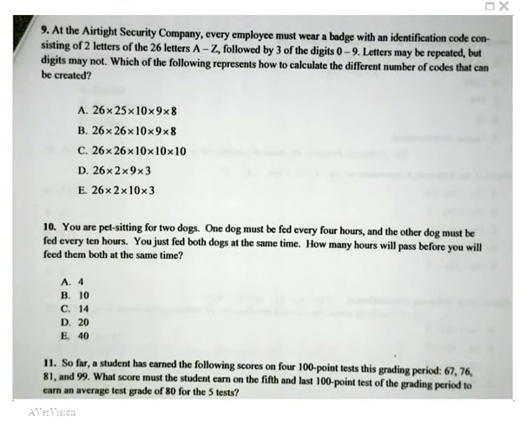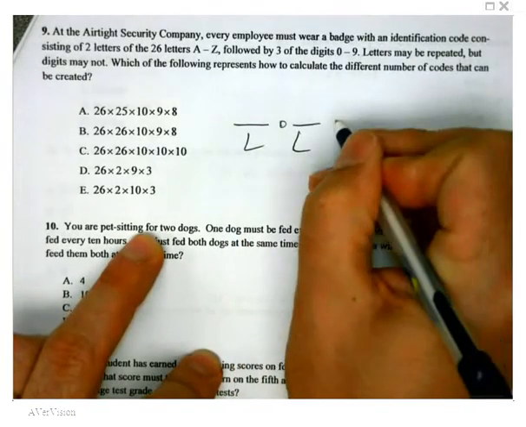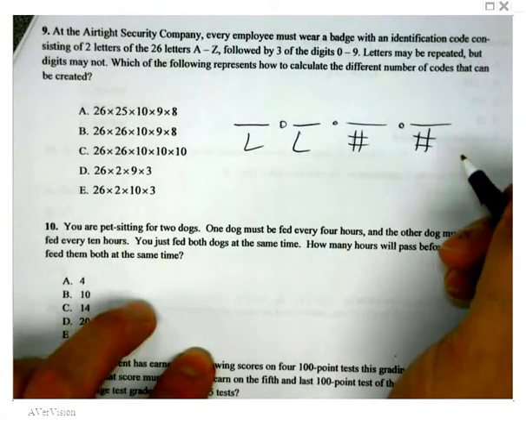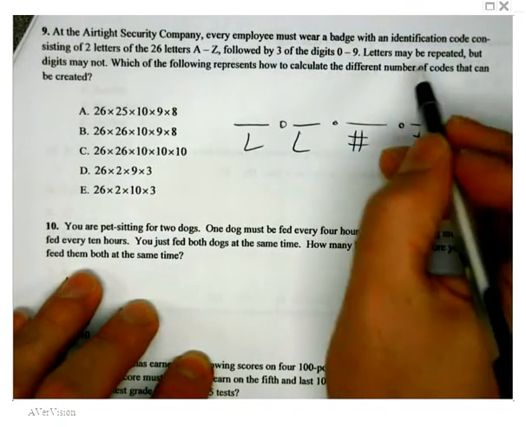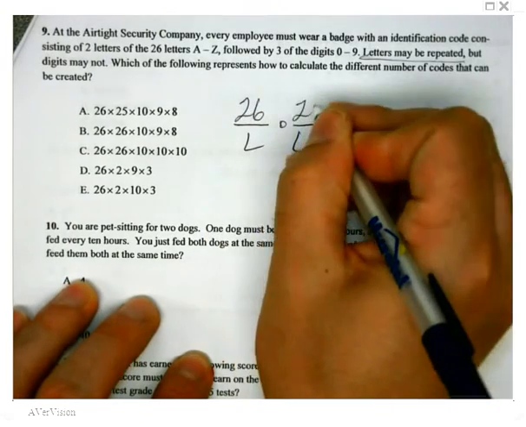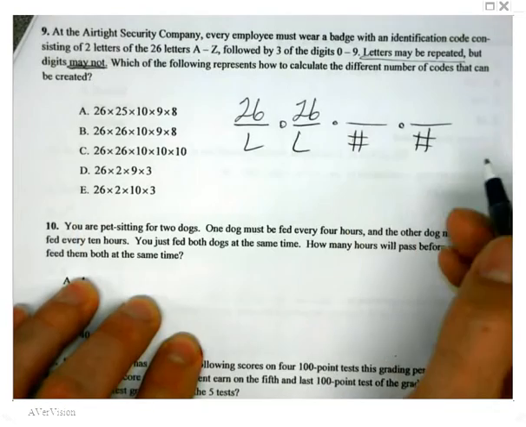Next, as we turn over to the next page, we have ID badges. It consists of 2 letters and 2 digits. Big thing to look for, do we have any restrictions? Letters may be repeated. Okay, so I have 26 choices for each of those. There's 26 letters in the alphabet. Digits may not.